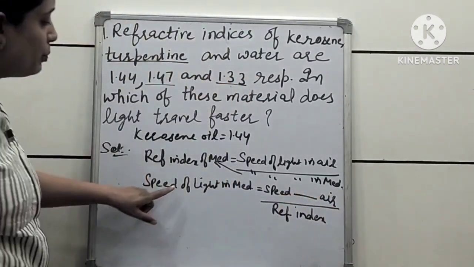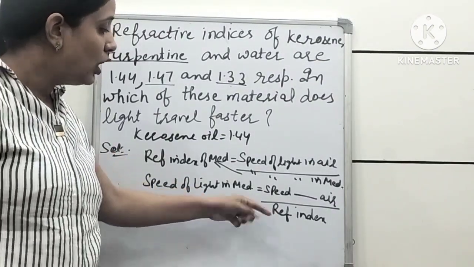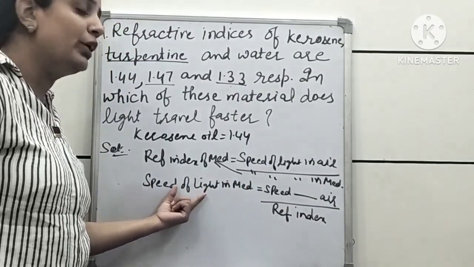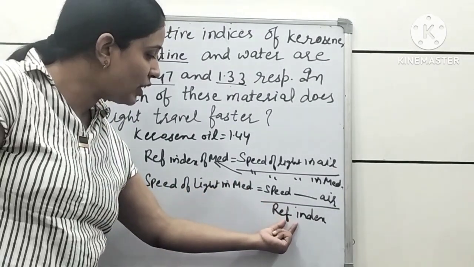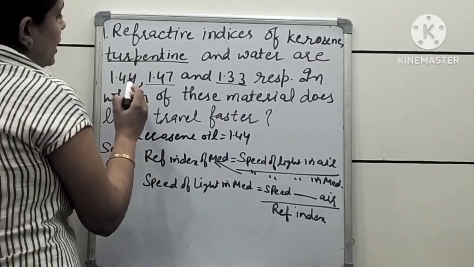So the relationship between the speed of light in a medium and refractive index is inverse. The higher the refractive index, the lower the speed of light in that medium; the lower the refractive index, the higher the speed. So we have the three materials.